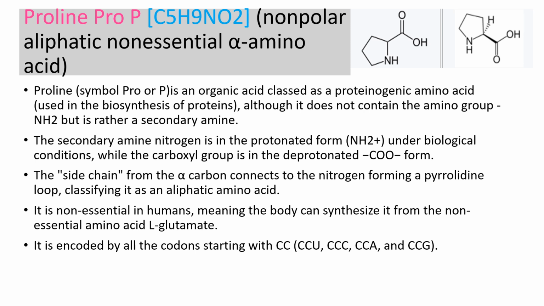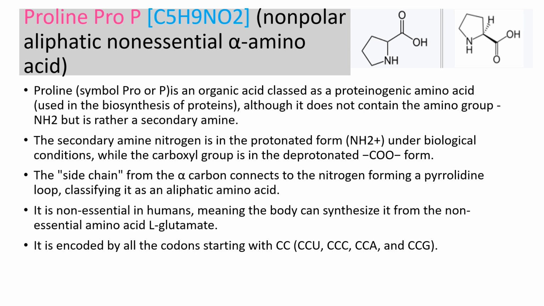The secondary amine nitrogen is in the protonated form, NH2+, under biological conditions, while the carboxyl group is in the deprotonated form. The side chain from the alpha carbon connects to the nitrogen, forming a pyrrolidine loop, classifying it as an aliphatic amino acid.